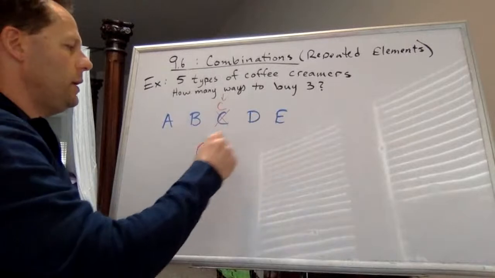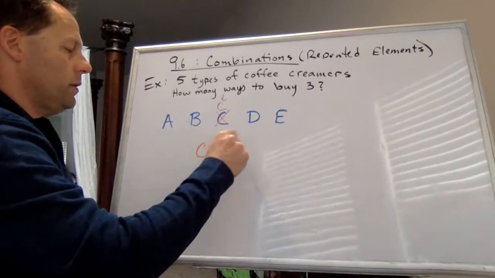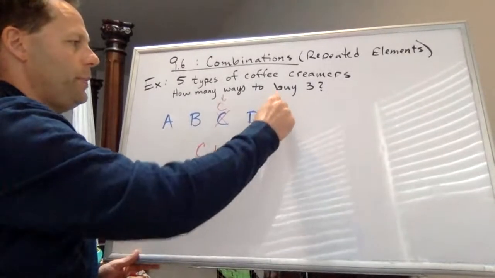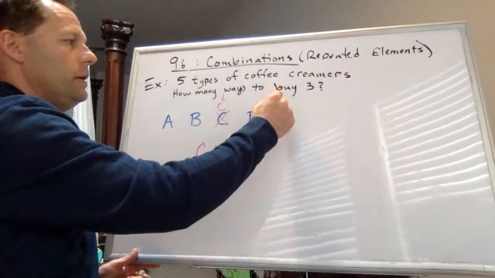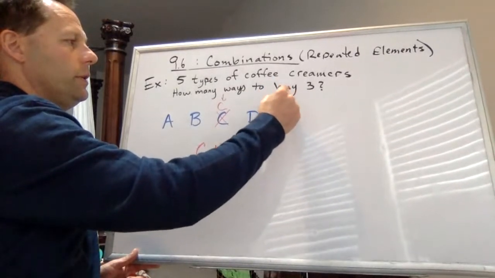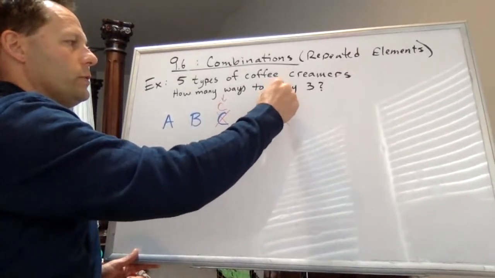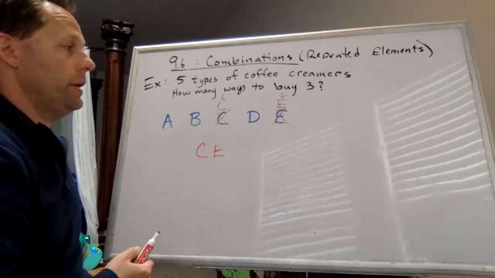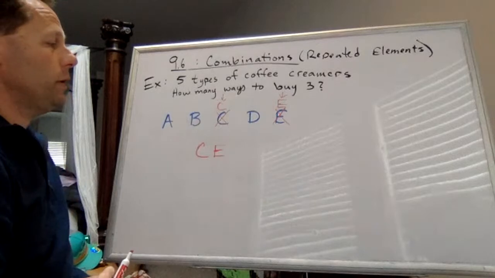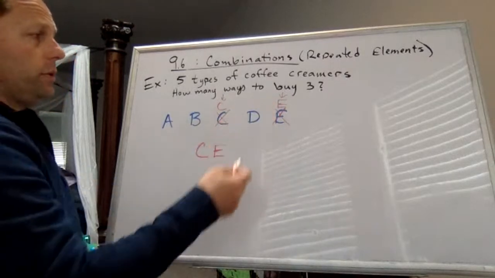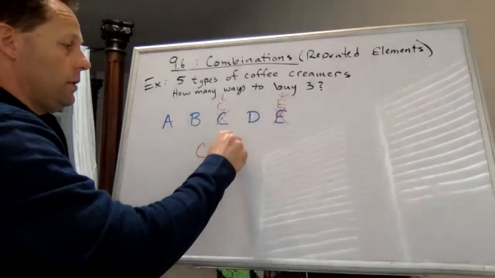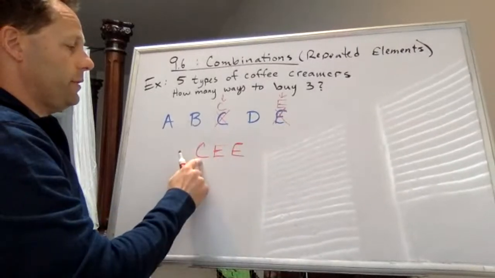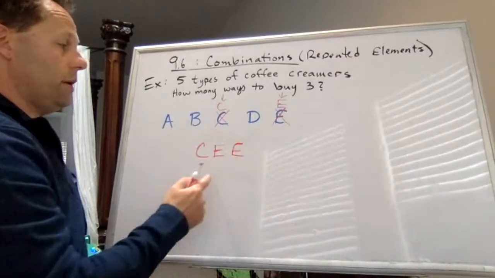Maybe I pick E. And so I picked E, but another E fell into its place, so that now what I have is the opportunity to choose any of the coffee creamers that I want, and maybe I do choose another E. So I choose coffee creamer C and then 2 E's, and that's a way of doing this.